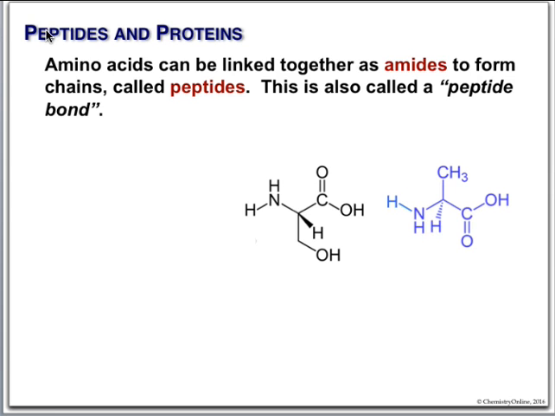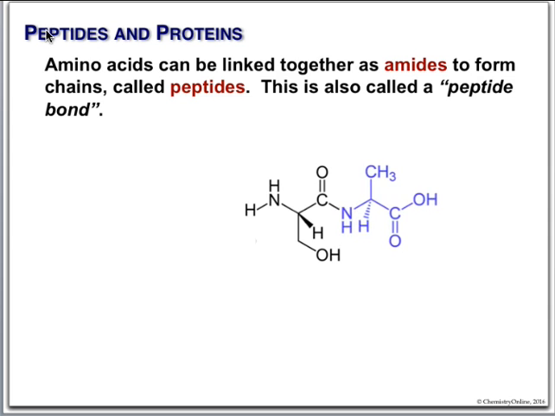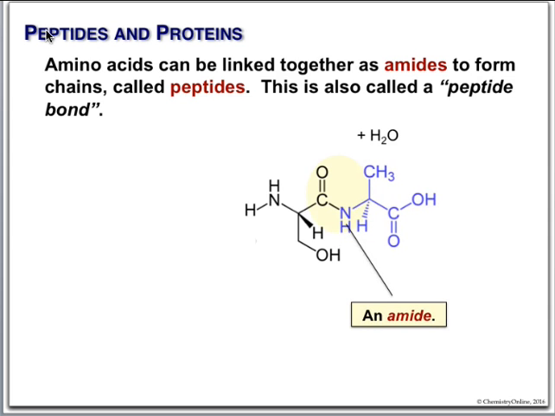We said that we could hook these together by taking the amino group from one, reacting it with the acid group on the other. When we do that, we lose water, and we form an amide. The amide is the backbone.